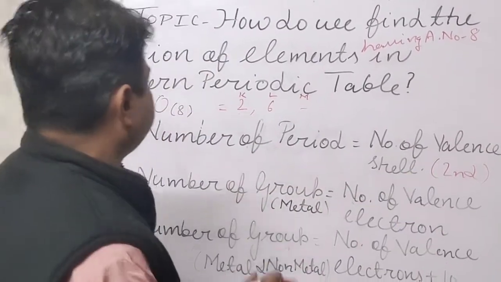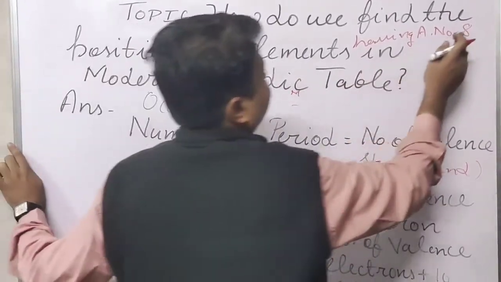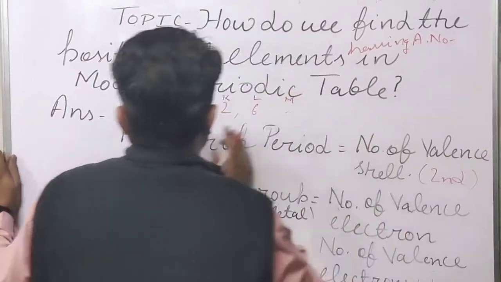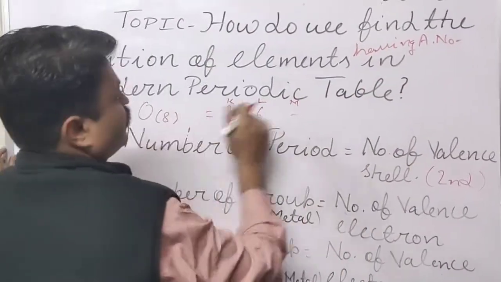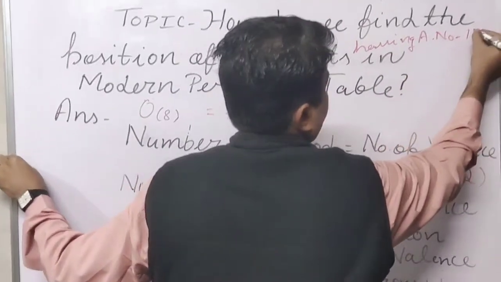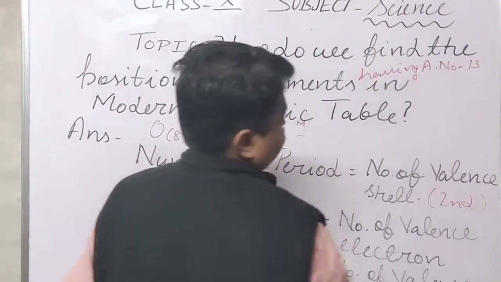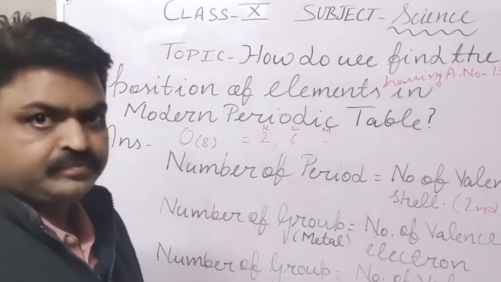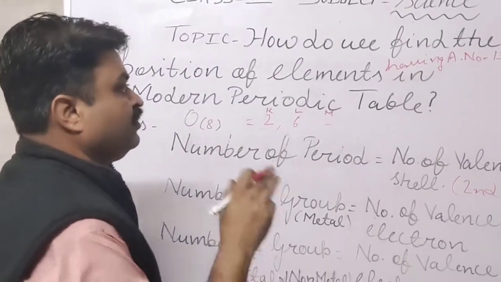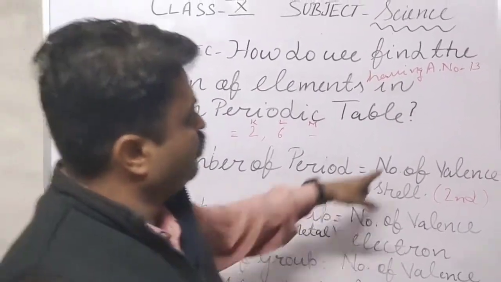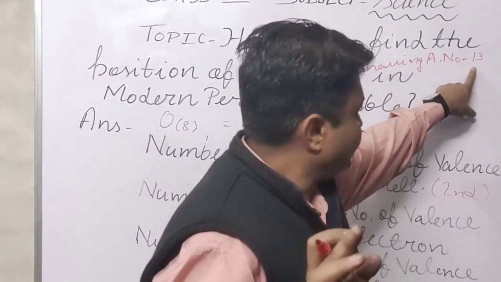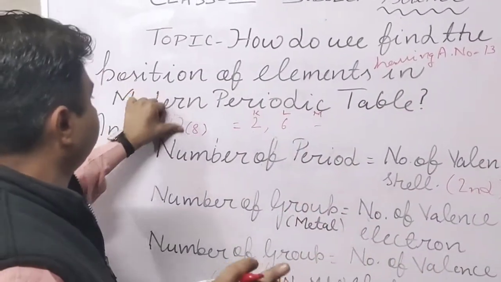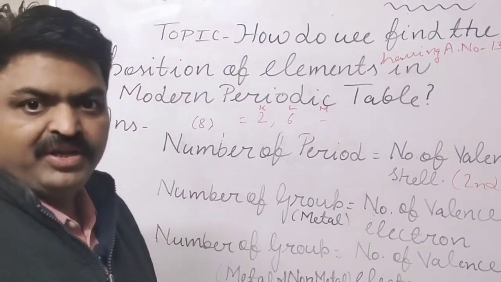Like this. Now we take another example. Atomic number 13, student. Which element has atomic number 13? Tell me. It is aluminium.